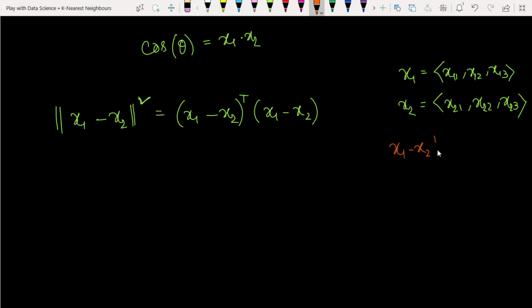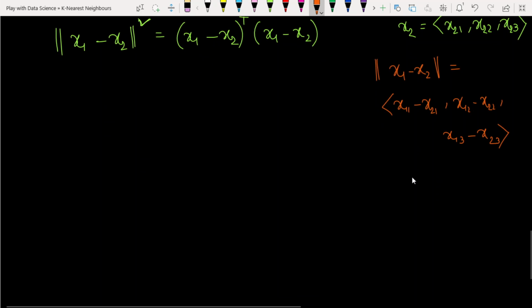First find the differences. So what will be the difference vector? Component wise differences: x11 minus x21, x12 minus x22, x13 minus x23. Now we are taking the square term. So if we take the square term, what do we have to do here? Just write it down.